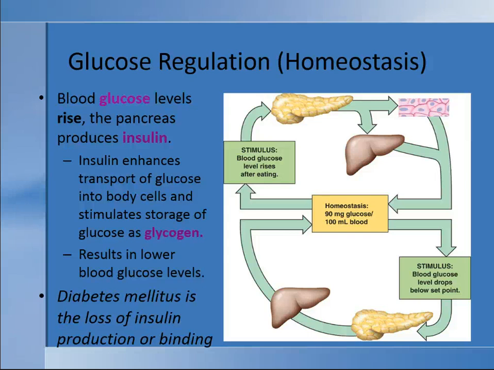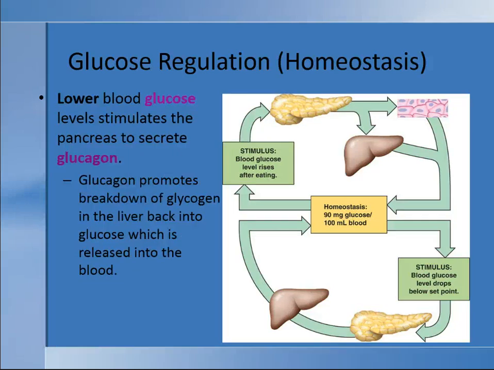And insulin is what allows glucose to be taken up into the body cells, and it'll stimulate the storage of glucose in a unit made up of these glucose subunits called glycogen, and that's what lowers the blood glucose level. And so insulin is responsible for the transport of glucose, the storage of glucose as glycogen, and then the lowering of blood glucose levels.